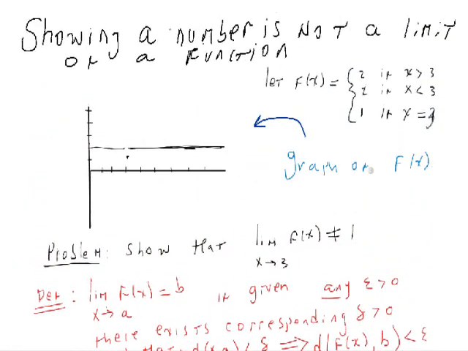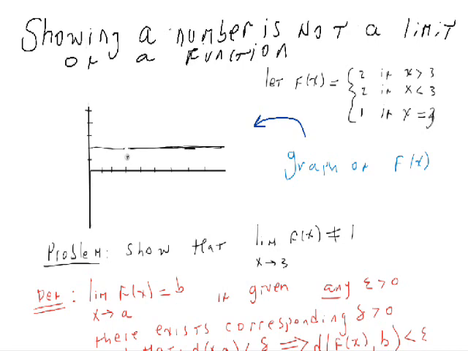But obviously this is not going to be possible, because look at the distance between the value y equals 1 and the value y equals 2. It is always greater than or equal to 1, it is always 1.